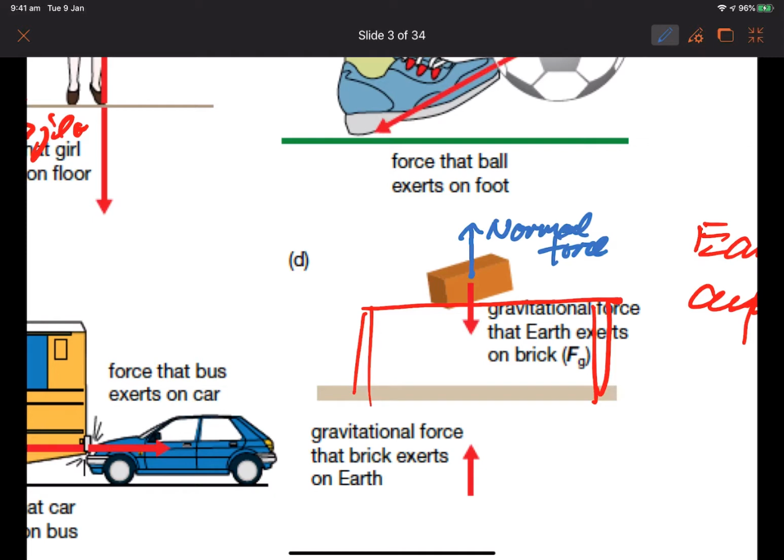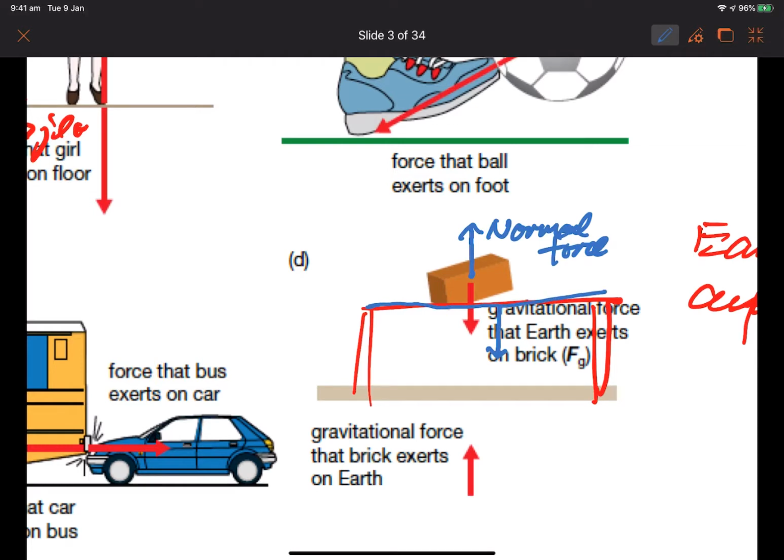Sometimes we call it normal reaction. I think the term reaction is very confusing. Yes, this is not a reaction force. Yes, reaction: this block and this object will also give a force to the table. Therefore, your table actually will curve a little bit.